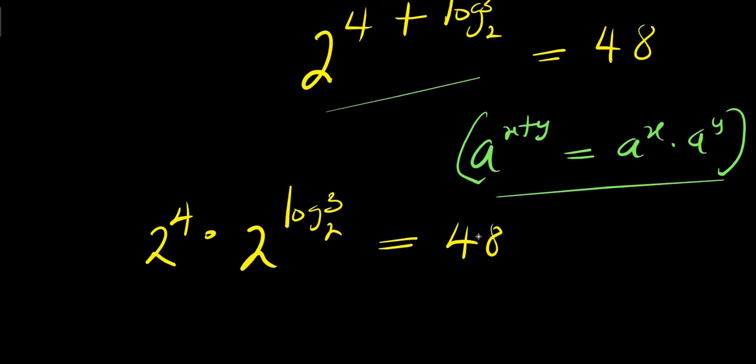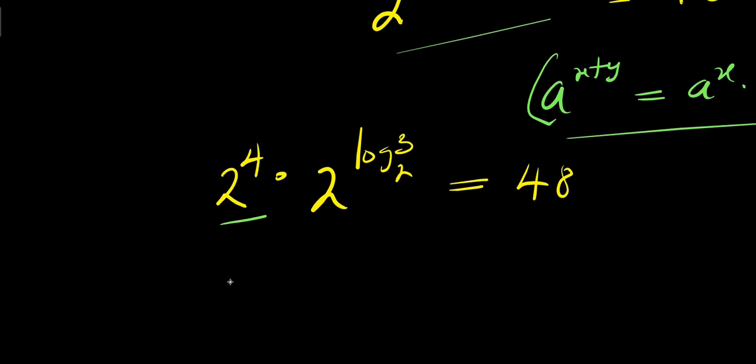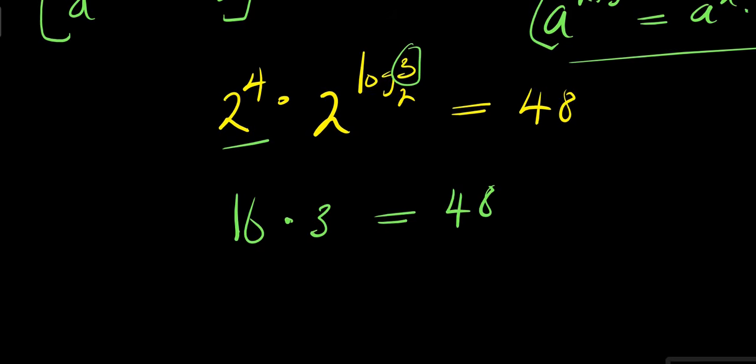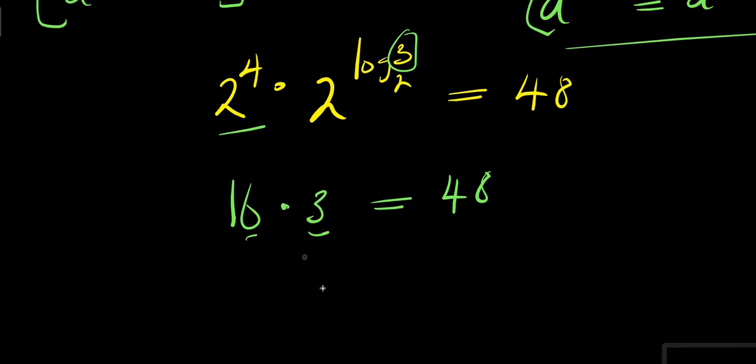And 2 power 4 here is 16 times, here we have 3, because if you have a power log b to the base of a, it is equal to b. So here is 16 times 3 equals 48. You have 3 times 6, that is 18. Carry over 1. 3 times 1, 3 plus 1. That is 48 equals 48.